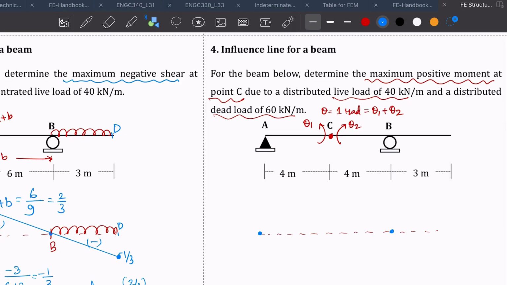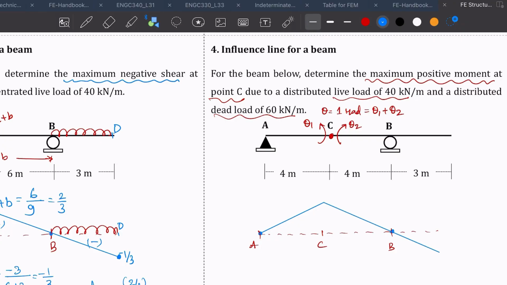Because it is a pin, so it will rotate at C. This is your point C, this is A, this is C, this is B. So we're going to rotate counterclockwise for AC, because that's the rotation we want. And then for BC it is going to be clockwise, so that's the rotation we want.